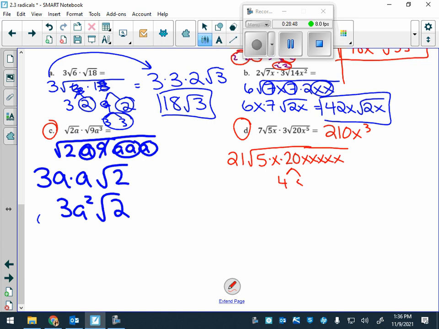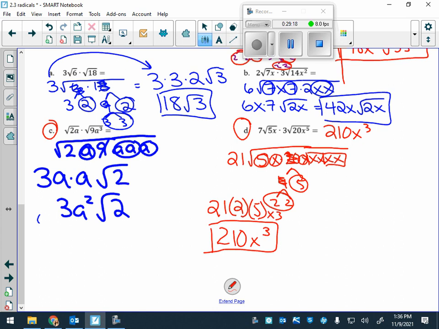If you did this, this 5 is also included. You could use it as a pair. So I have 21, take out 2, take out a 5, then I have 1, 2, 3 pairs, x cubed. And then I multiply.